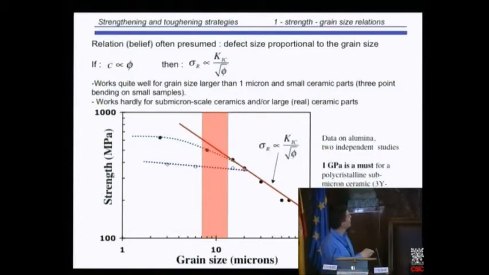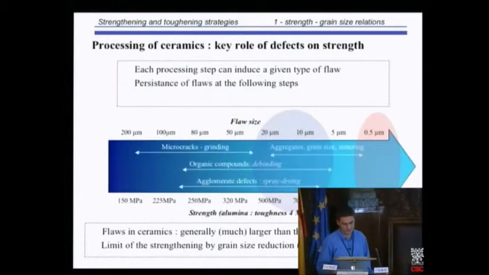So this means that this relation works if everything is perfectly fine for all the different steps of processing. Okay, now let's talk about the defect related to the grain size, but that does not work properly for very small grain size. The defect is not related to the grain size for nanoceramics.